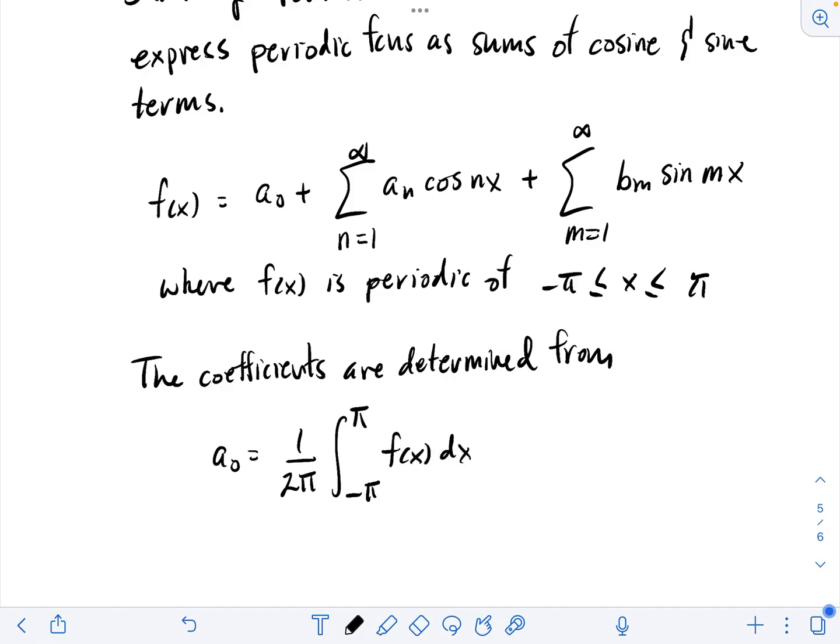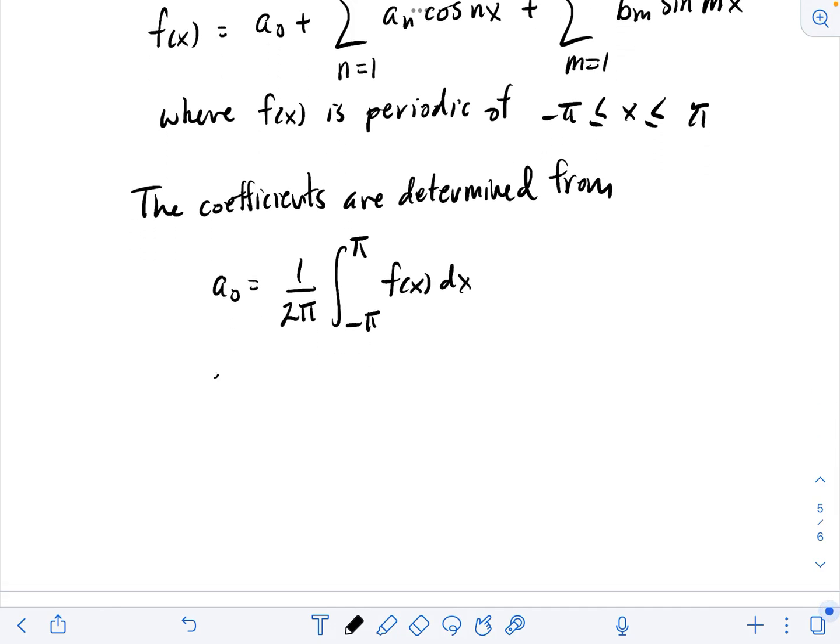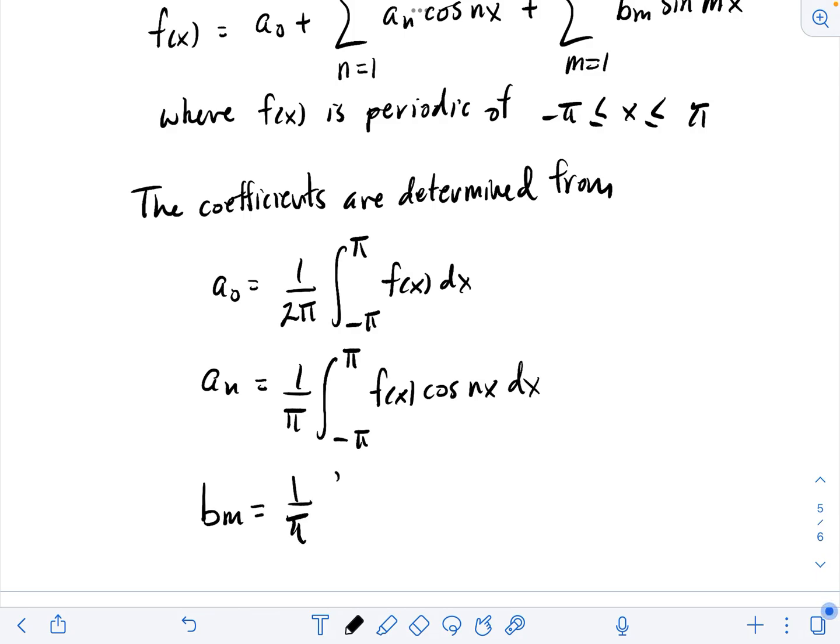An was equal to 1 over pi of the integral from minus pi to pi of f of x cos nx, and bm was 1 over pi times the integral from minus pi to pi of f of x sine mx dx. Okay, so this is the big summary here.